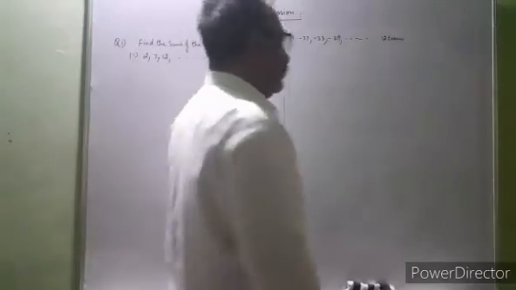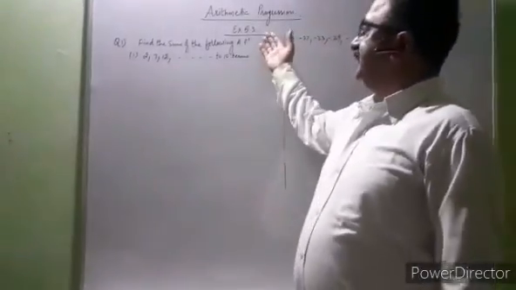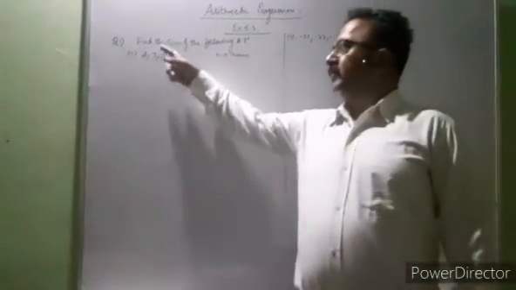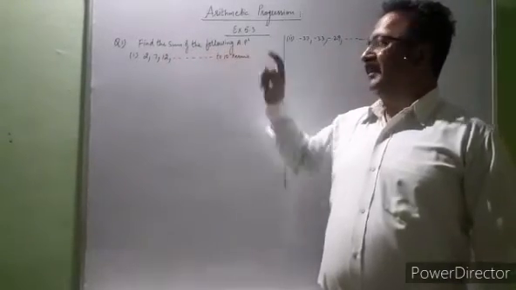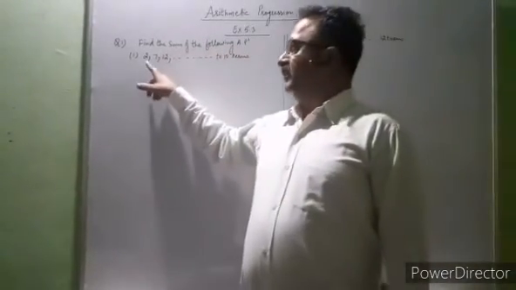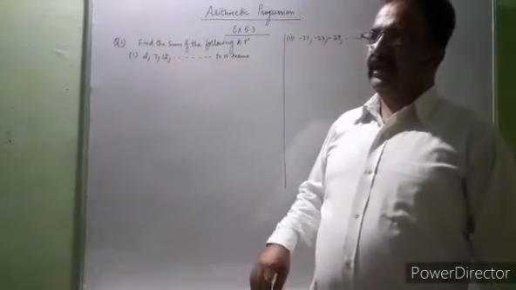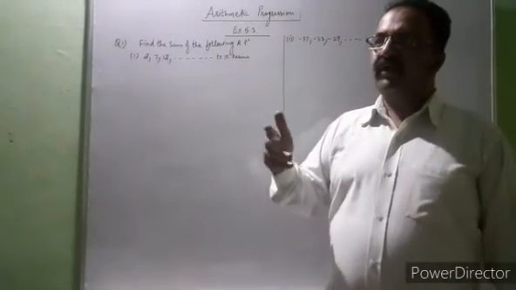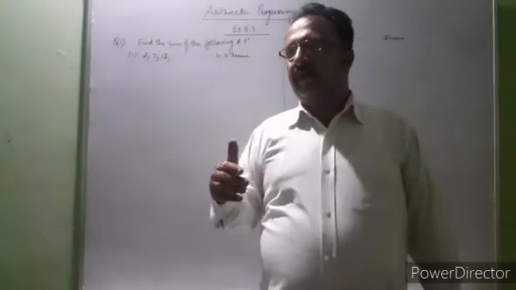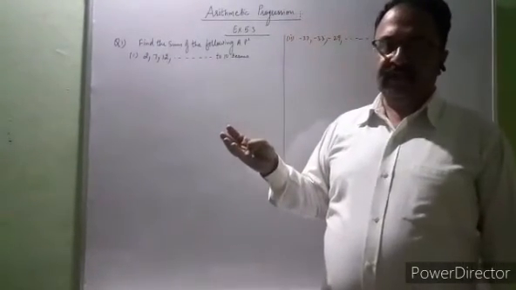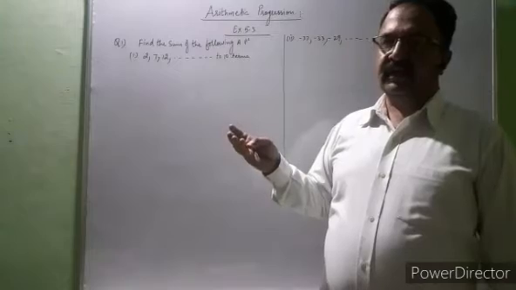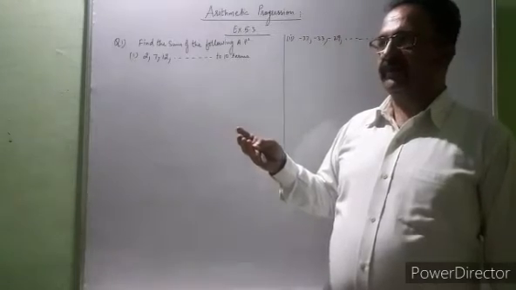Now, in the first part of Exercise 5.3, first question, find the sum of the following APs. In the first part, an AP is given to you: 2, 7, 12, and so on up to 10 terms. Now, in the formula of the sum, I require the first term a, the common difference d, and the number of terms n.